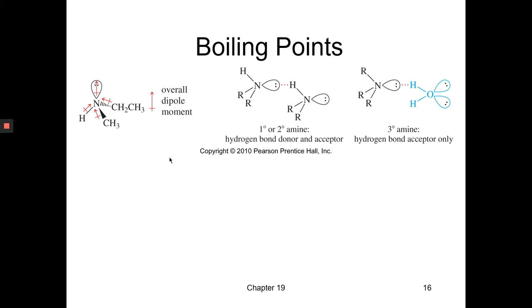The NH bond is not as polar as an OH bond, and so the hydrogen bonds are not as strong, but they certainly do have an influence. In the case of tertiary amines, you only have hydrogen bond acceptance, not donation. With primary and secondary amines, the nitrogens can act as acceptors, and the hydrogens can act as donors.